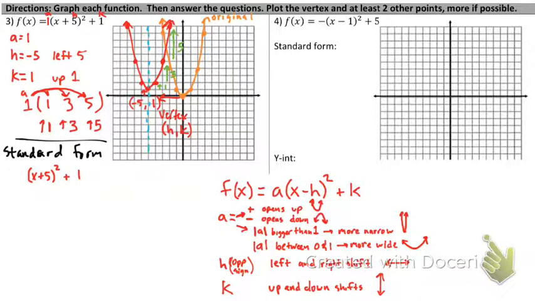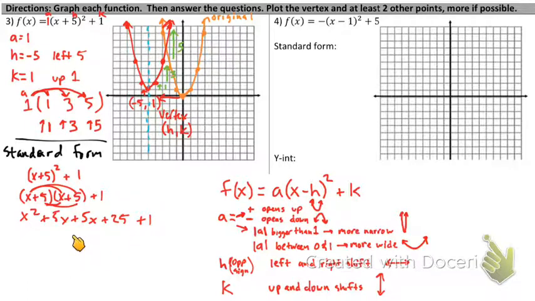Okay, and now we just want to multiply that out. So x plus 5 squared really is x plus 5 times x plus 5, and then we've got the positive 1 at the end. So we distribute the x, that's x squared plus 5x. Distribute the 5, that's positive 5x, plus 25. 5 times 5 is 25. Bring down the positive 1, okay?